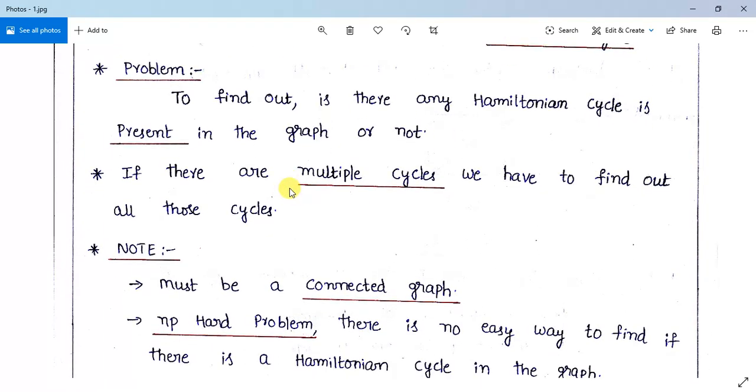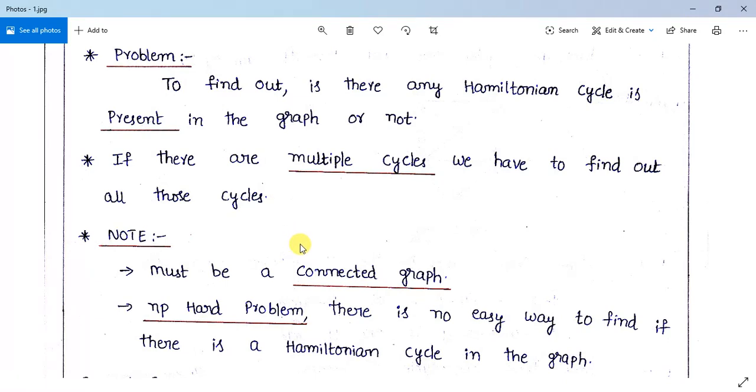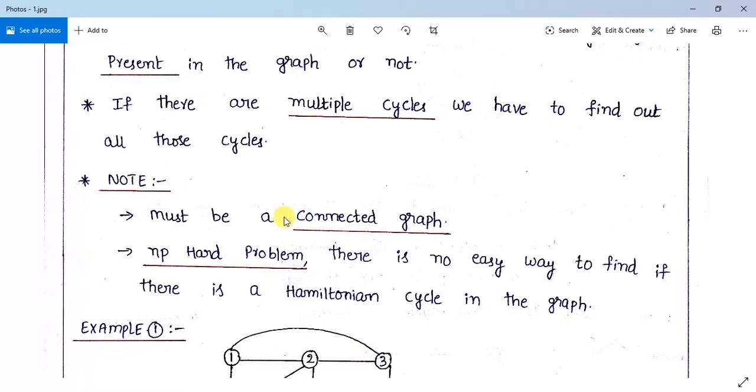Here are a few important things to note. The first thing is that the graph you consider must be a connected graph. If you are given an unconnected graph, then a Hamiltonian cycle is not possible. Next, this problem is considered an NP hard problem.